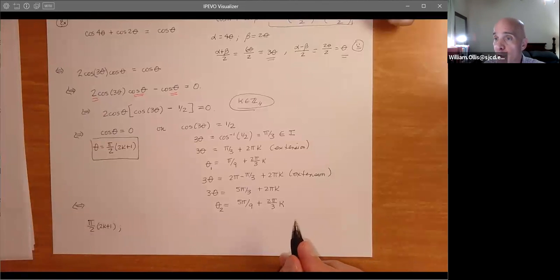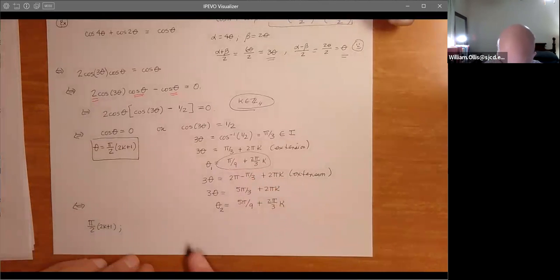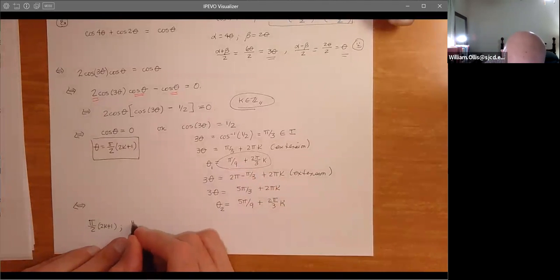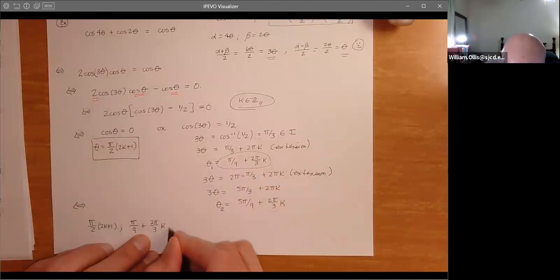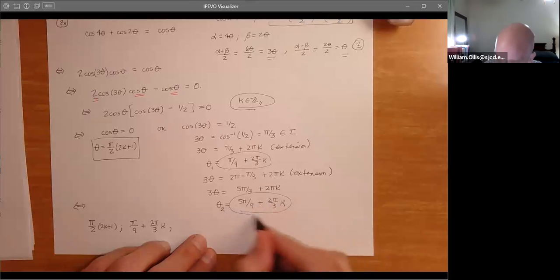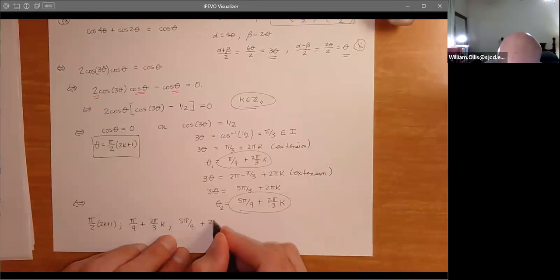If you don't follow the formatting, you get that red X. So be very careful with the formatting. And then now, of course, we have the theta 1. So this gives us pi over 9 plus 2 pi over 3 k. And then the theta 2, which we have right here. So we have 5 pi over 9 plus 2 pi over 3 k.